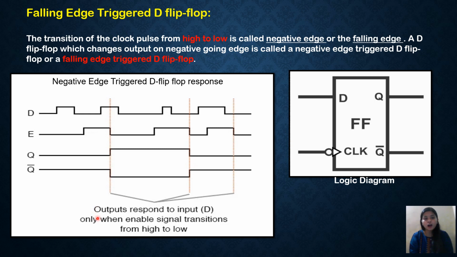On the whole, outputs respond to the input, that is data, only when the enable signal, nothing but the clock pulse, transitions from high to low. This is a logic diagram of falling edge triggered D flip-flop. To show that it is falling edge triggered, a bubble before the arrow is put in the clock pin.